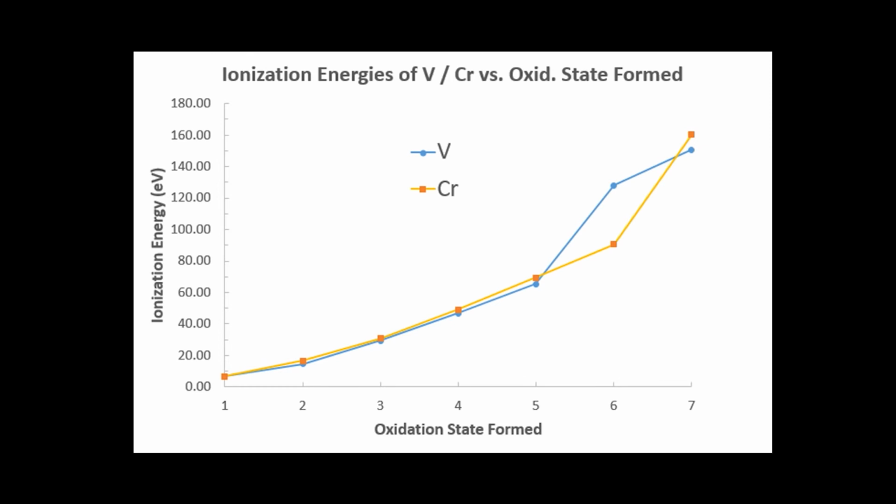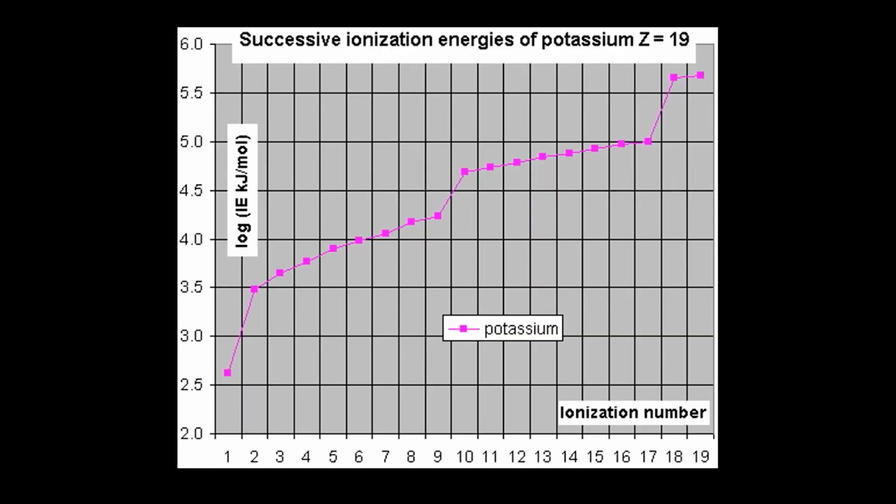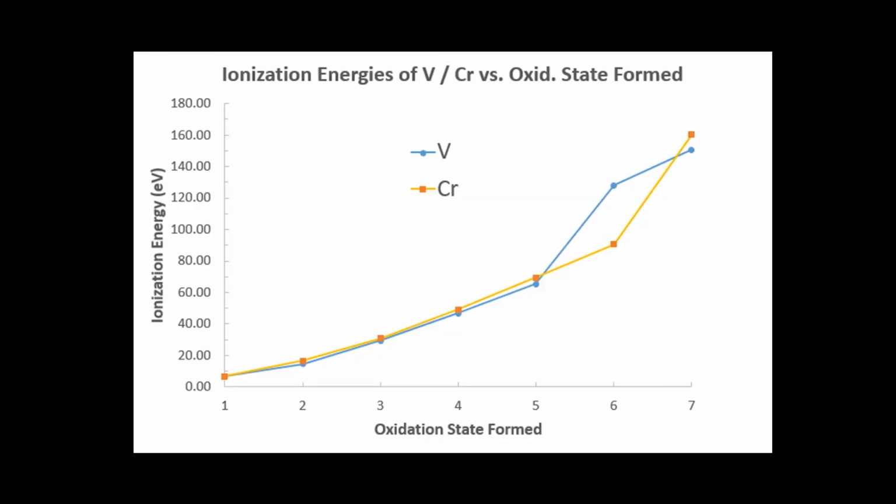Alright, so these are the two graphs. My apologies, because I couldn't find a proper full vanadium successive ionization energy graph, but essentially it's the same as the one I got here for potassium, because it's the removing of electrons.